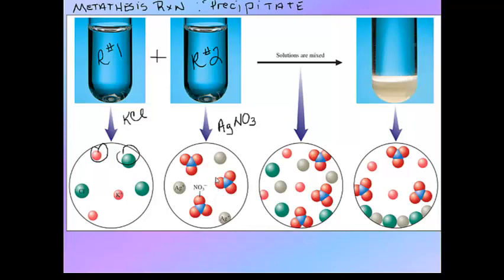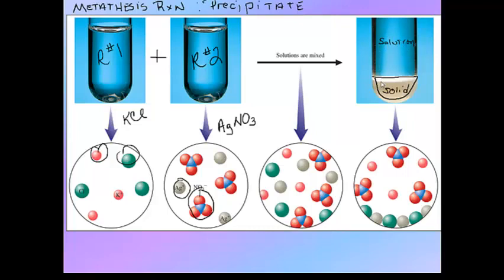And if you look at the picture, you can see the nitrate anion and the silver ion. These two clear colorless solutions are poured together and you get products, one of them being a solid and a solution above it.